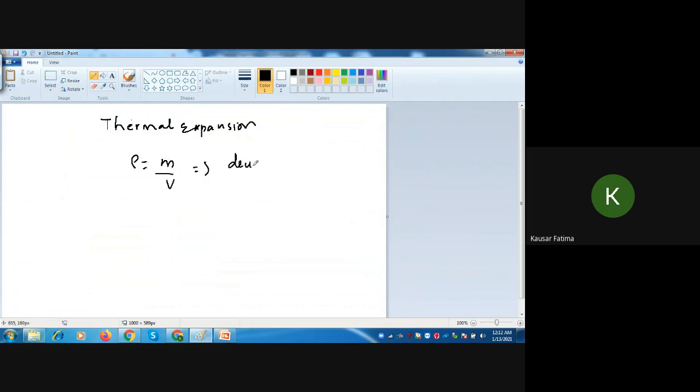Density is equal to mass upon volume. So expansion means greater volume. Volume is more. So when the denominator increases, of course, the answer, density, will decrease.